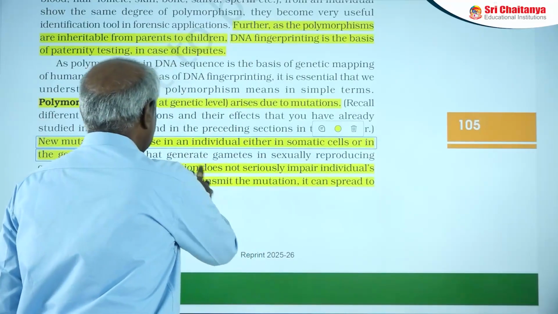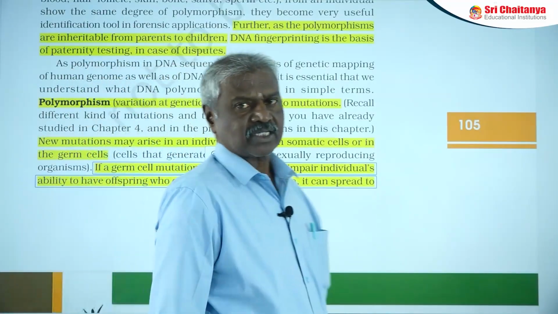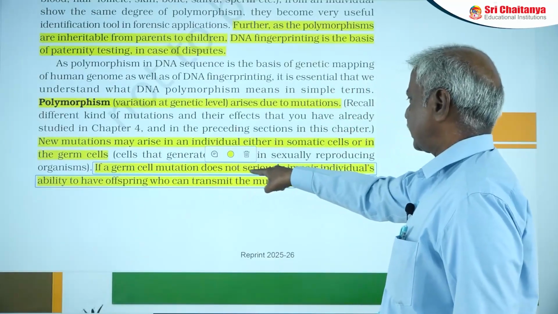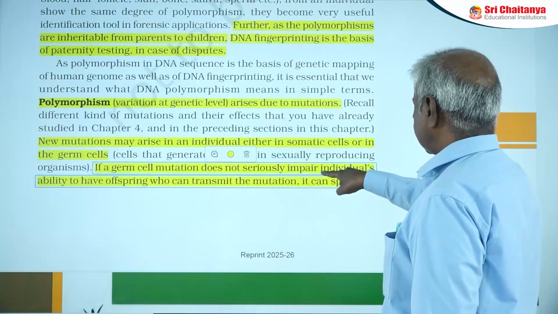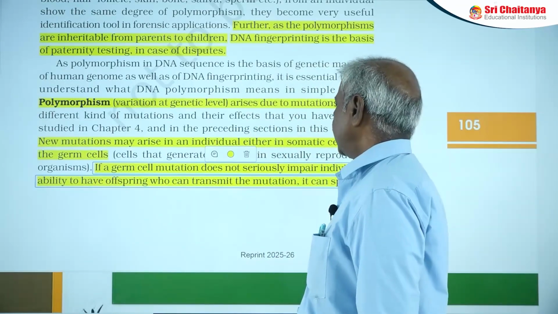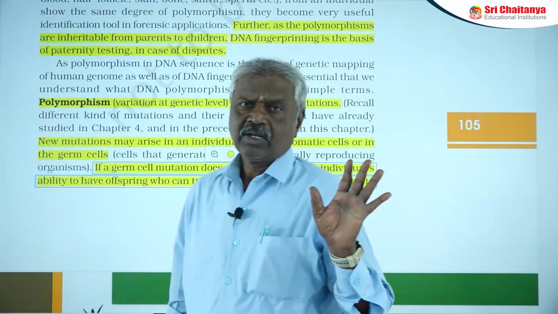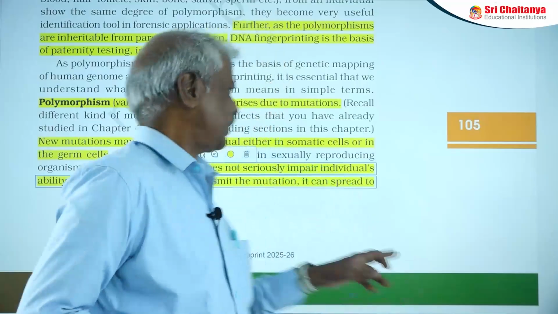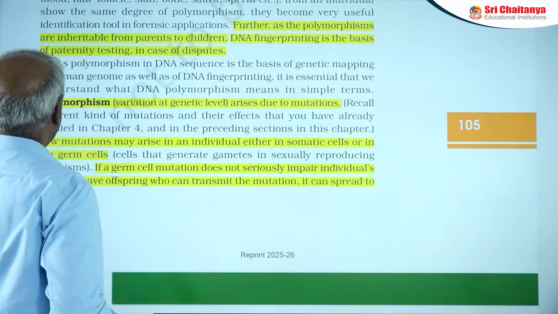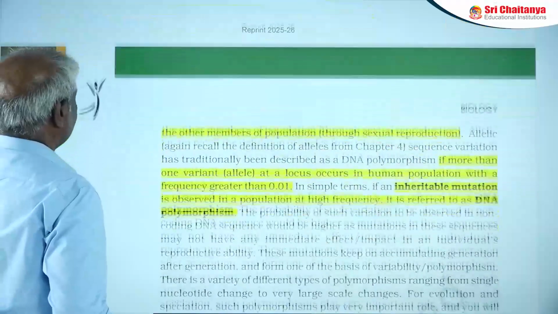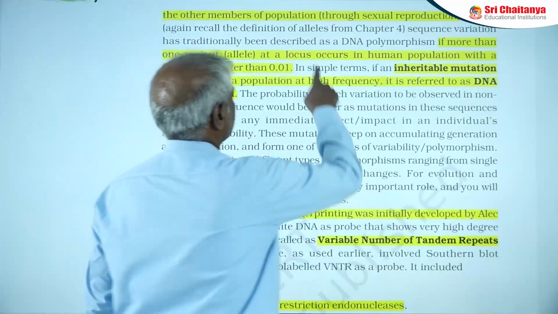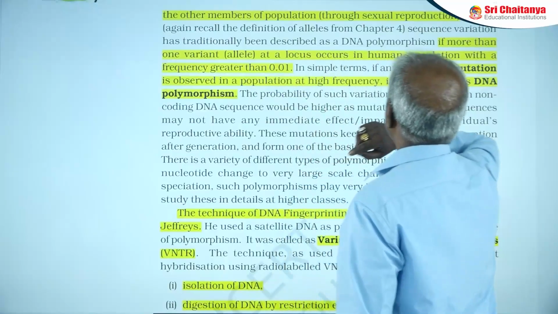But whereas germ cells, see this line, very important. If a germ cell mutation does not seriously impair the individual's ability to have offspring, we can transmit it. Somatic cells, that will happen, but the germ cell is the condition here. Then after that, come to this area. So through sexual reproduction it happens here.